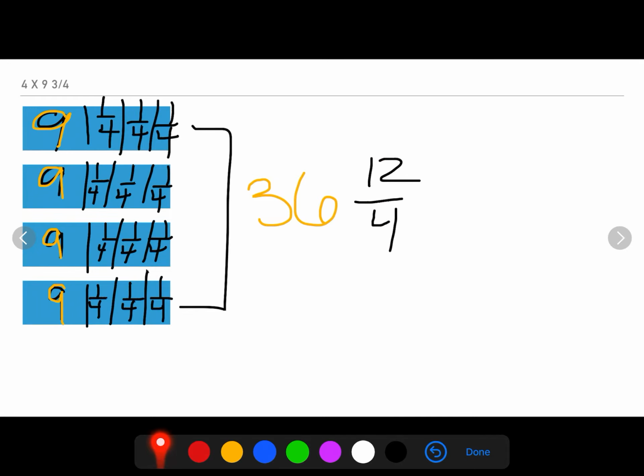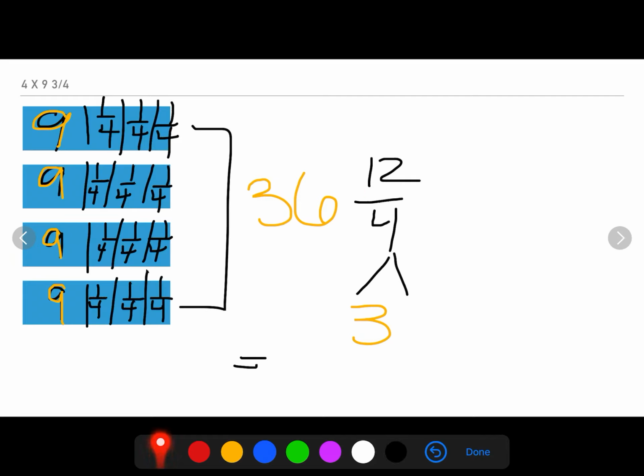How am I going to decompose 12/4? Did you get 3 wholes? Awesome thinking.